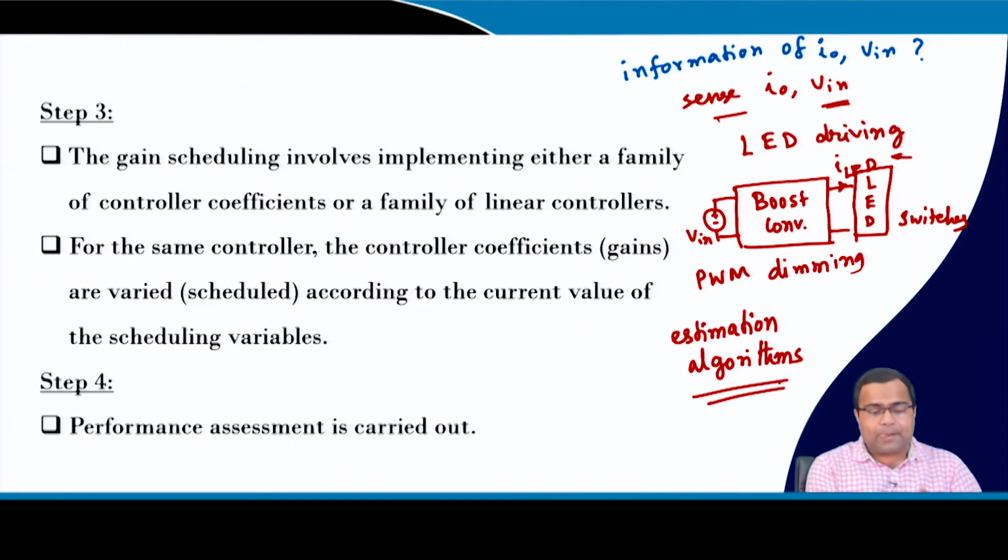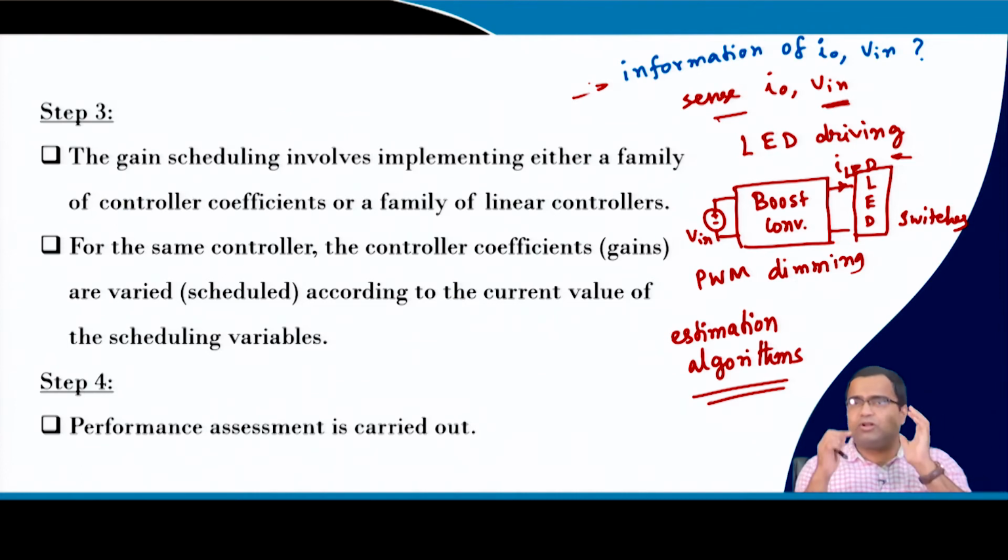And finally, once we change the controller parameter using lookup table, then we can try to get the maximum benefit using this algorithm, and by that way we can improve the performance.